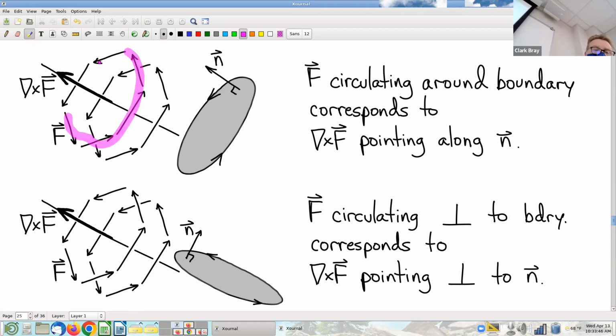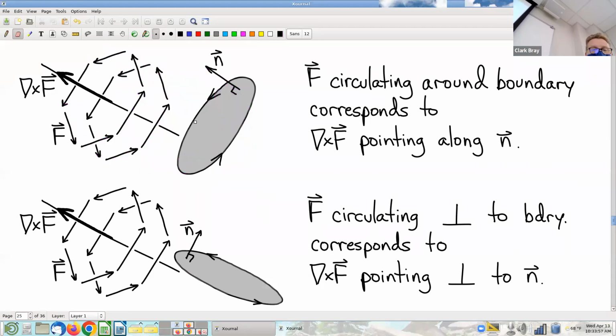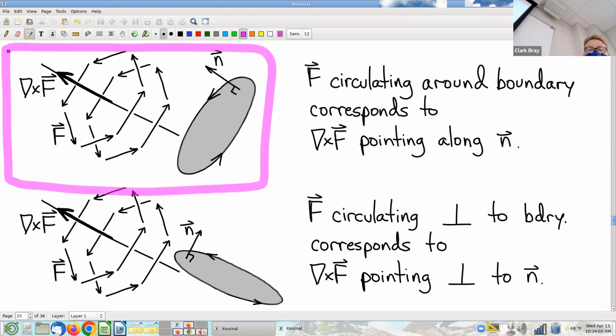This circulation that we're seeing here continues along down here. I just didn't want my picture to get cluttered. All right, so in this scenario, we've got this vector field, we've got this little piece of area, it's got a boundary that, of course, relates to the direction of the normal vector and all that.